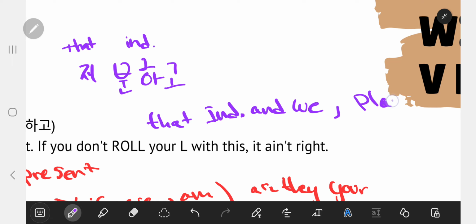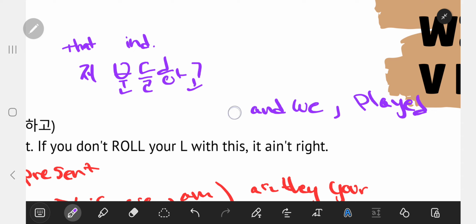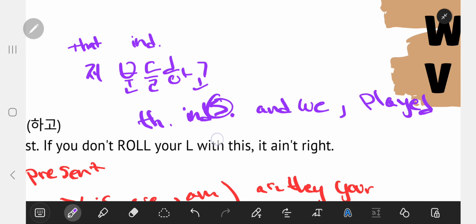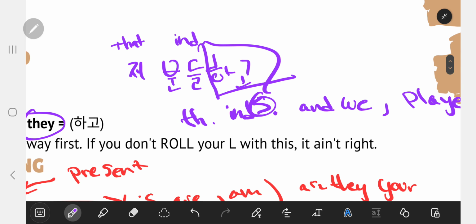If you say 저 사람들하고 놀았어요, it could also mean those 저분들, that's plural, those individuals, 하고 those individuals and we played. Yeah, so 하고 could mean a whole host of things.